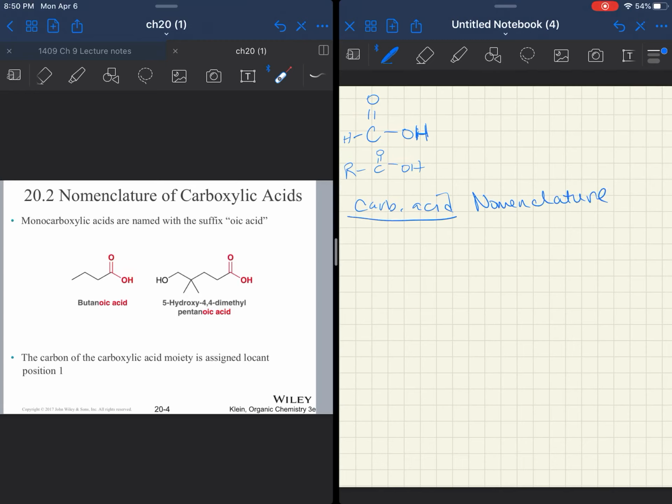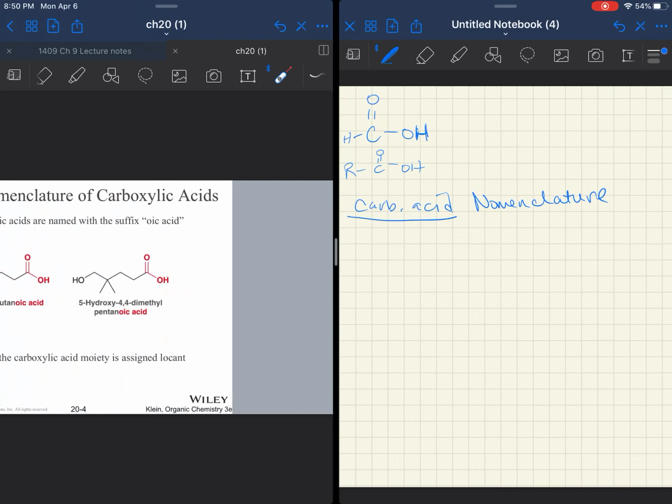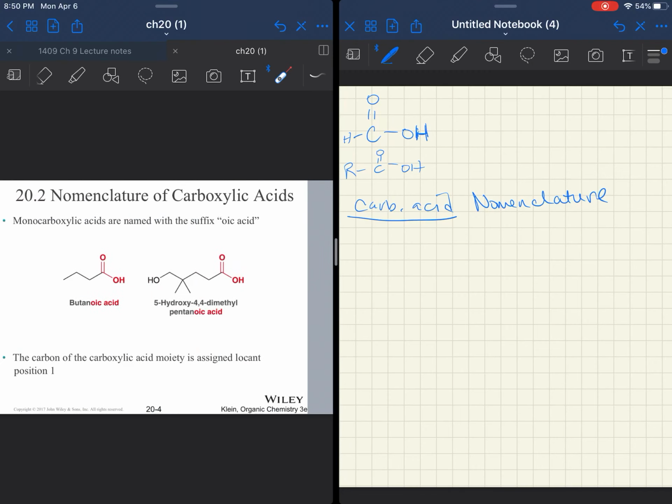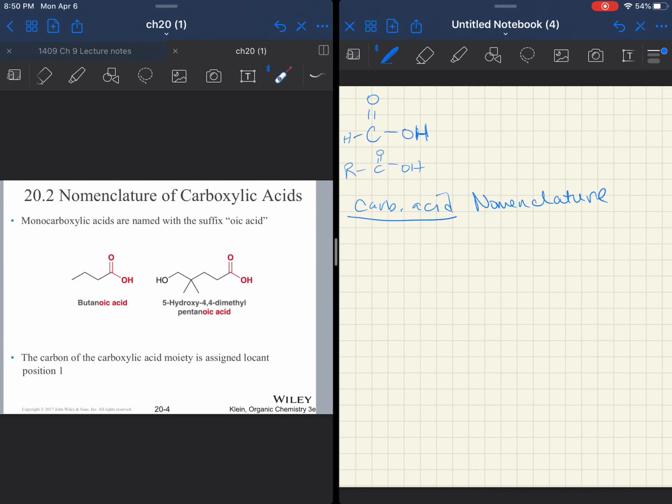All right, so the carboxylic acid nomenclature. This is the highest priority functional group that you are going to learn. So if a carboxylic acid is present, the longest chain with the carboxylic acid will be the parent.